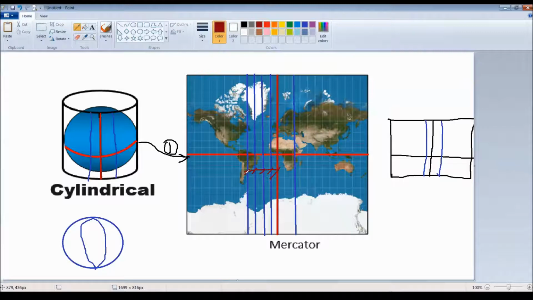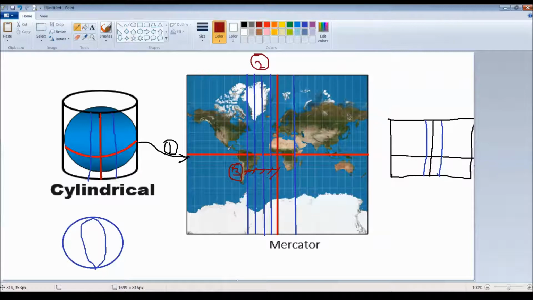So the distances between the longitudinal lines is constant. This is another property. So we've talked about these lines being parallel and straight lines. We've talked about the spacing between these lines being constant. Please write down these properties. You will be tested on them.